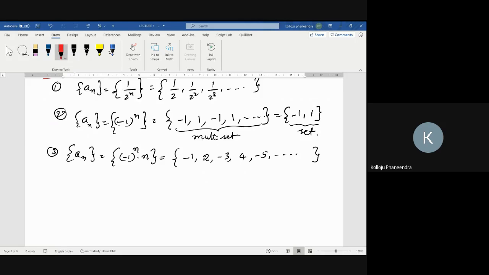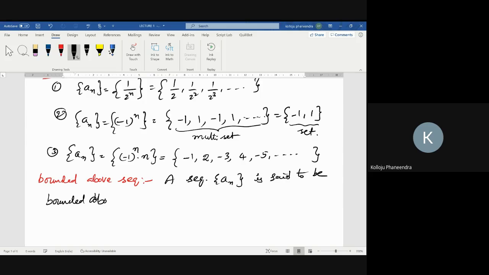The properties of sequence. What are the main properties? First one, bounded above sequence. Bounded above sequence definition. I will write SEQ for sequence. A sequence a_n is said to be bounded above if there exists a constant, this may be a positive constant or negative constant, whatever it is.